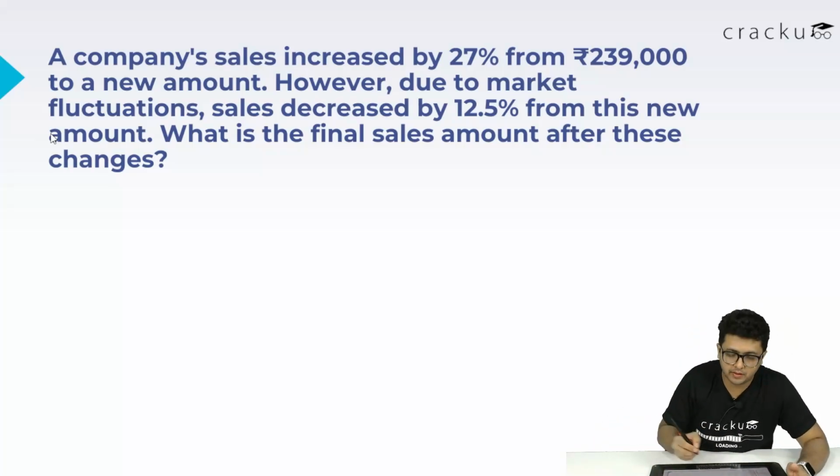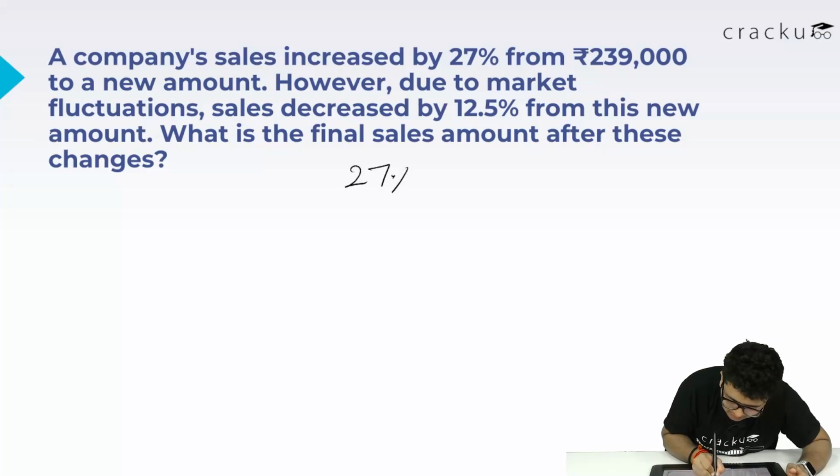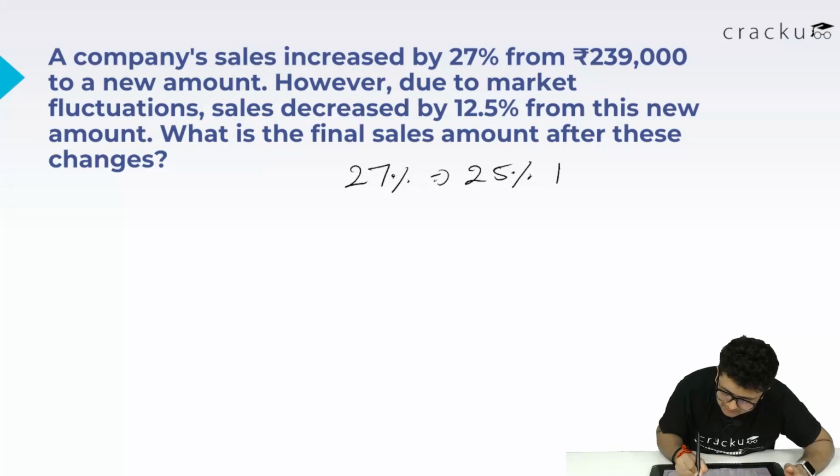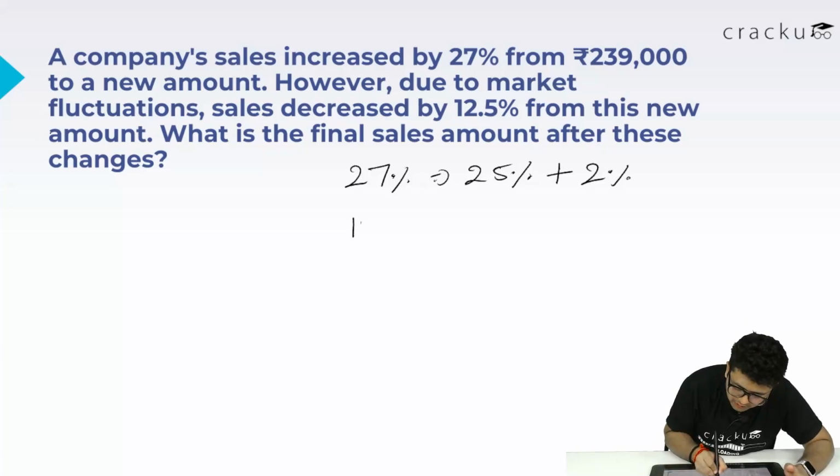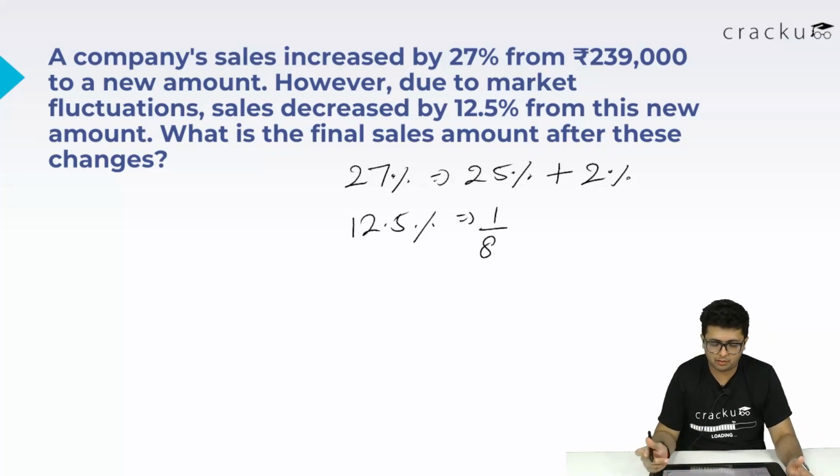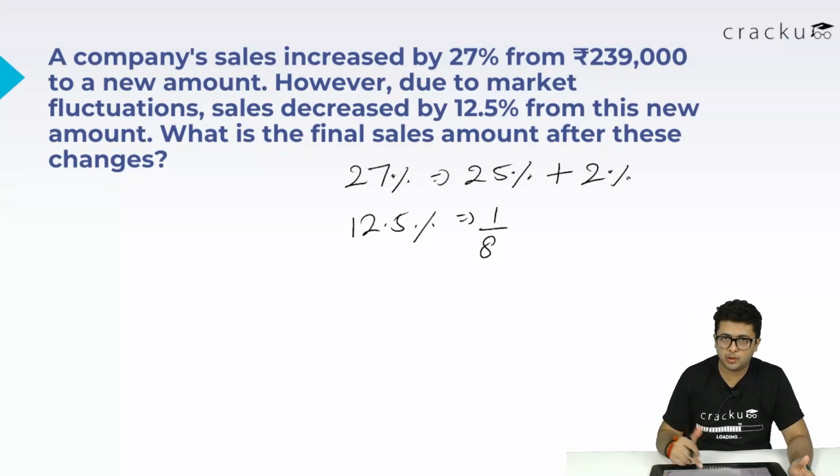Now, let's observe the question. 27%, as I told earlier, can be broken down into 25% plus 2%, right? And 12.5% is nothing but 1 by 8 of the new amount. So I have to calculate 1 by 8 and then subtract it. It becomes much simpler doing it this way than doing 0.27 into 239.